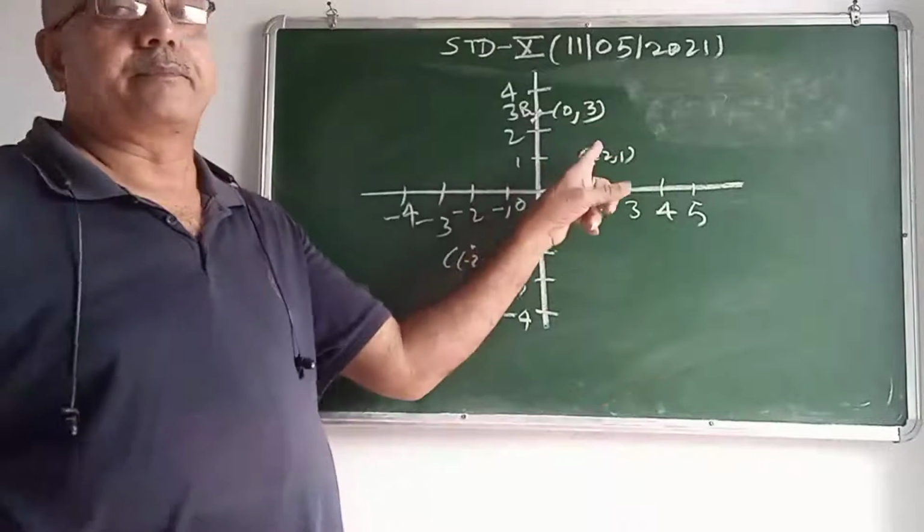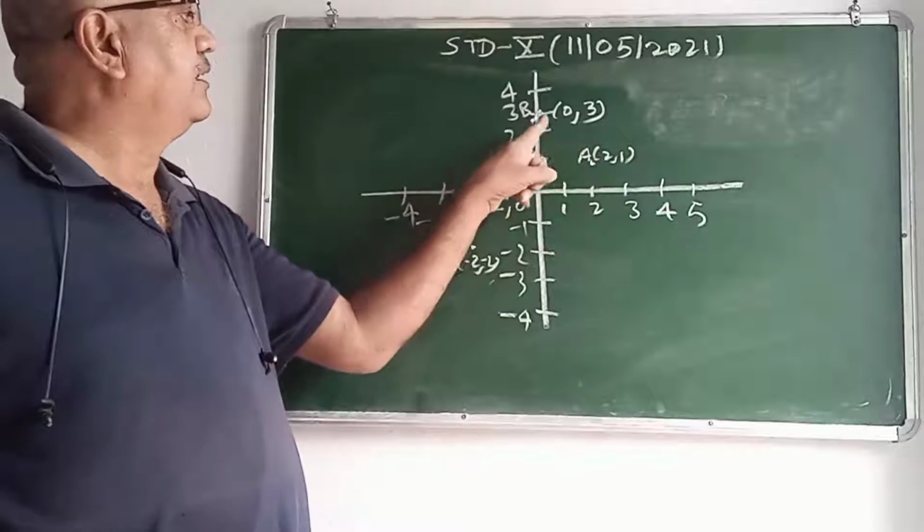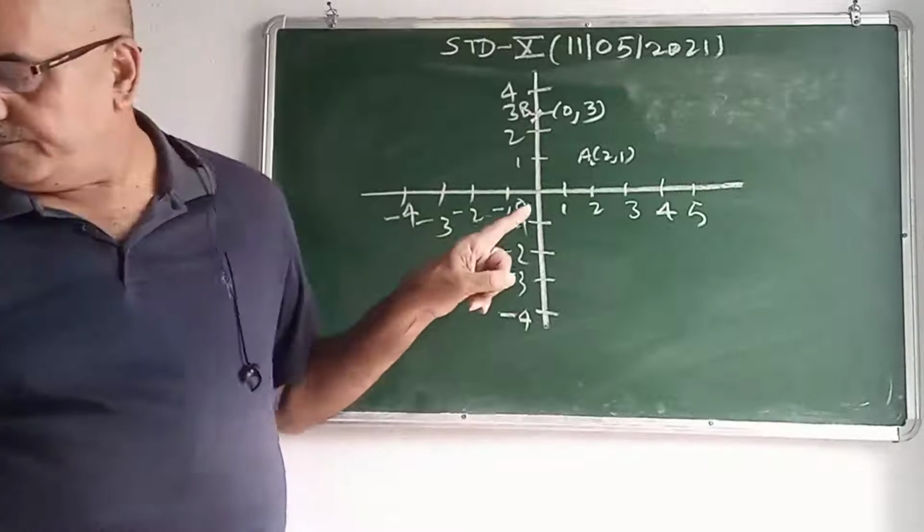Plot the points. Already plotted: this is A, this is B, and this one is C.